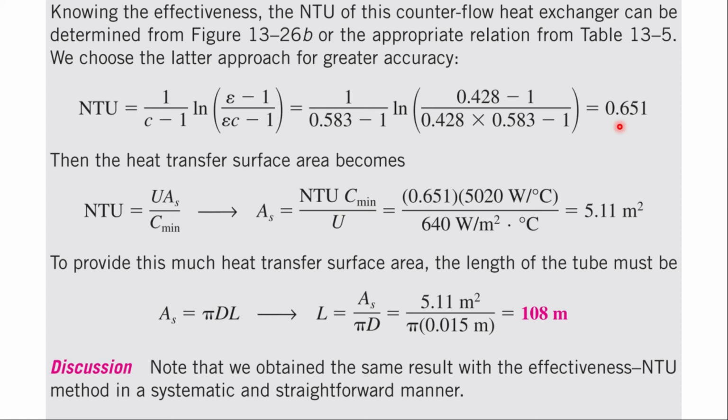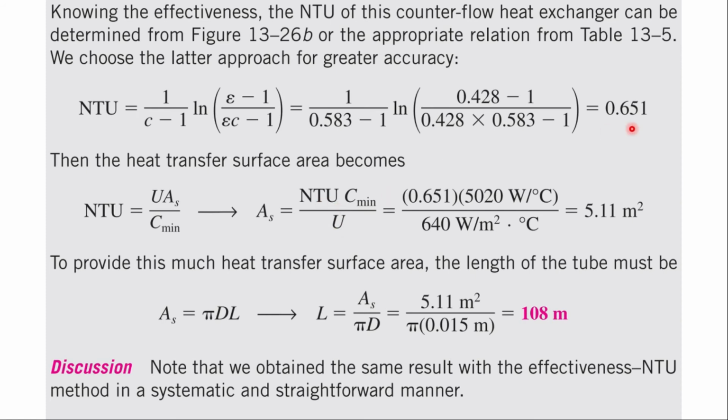So this is the NTU, the number of transfer units. We also know that the number of transfer units is the ratio of U, which is the overall heat transfer coefficient, times A_s, the surface area, divided by C min. After rearranging it, we get the surface area on one hand side, and the number of transfer units, C min, and the overall heat transfer coefficient on the other. So let's have a look at this.